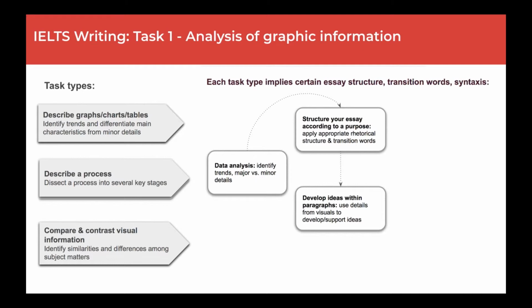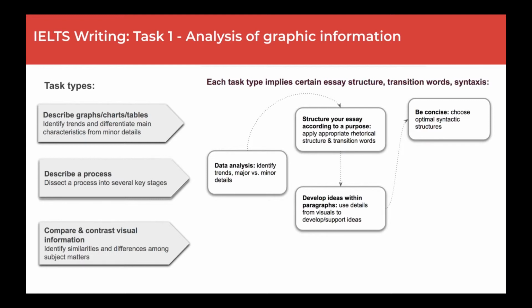Then, as you write your paragraphs, you have to decide what your topic sentence would look like and what details you're going to use to develop those main ideas. And then finally, to make sure that your essay is concise.